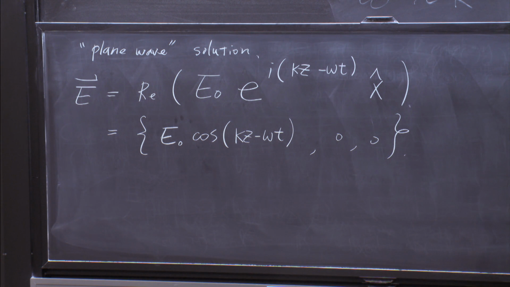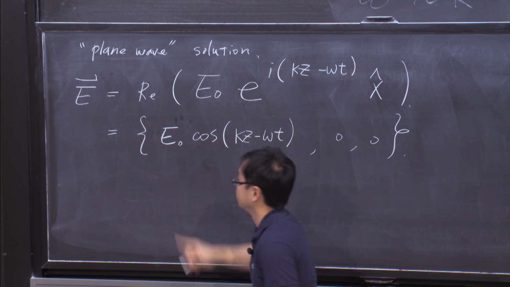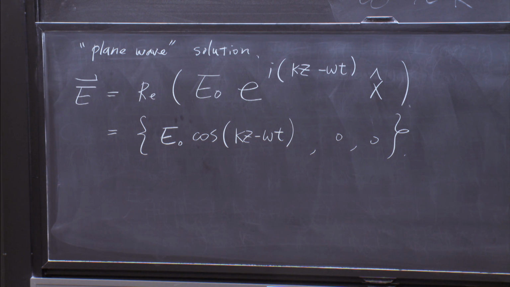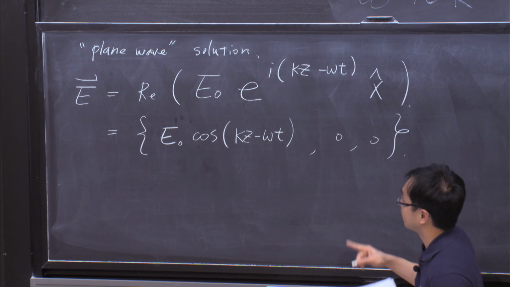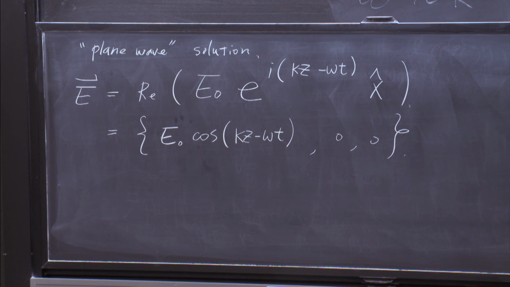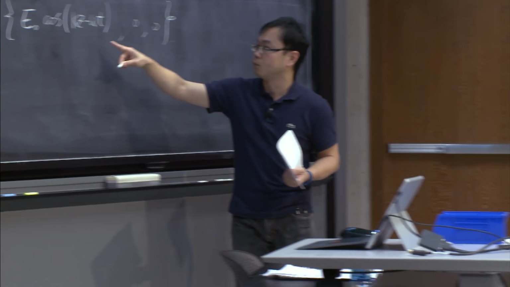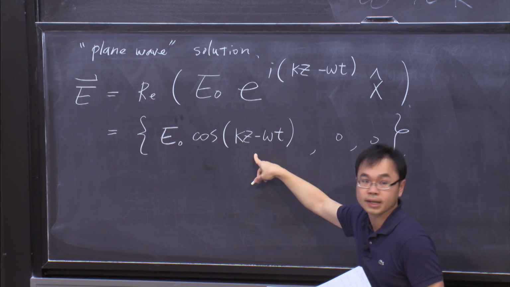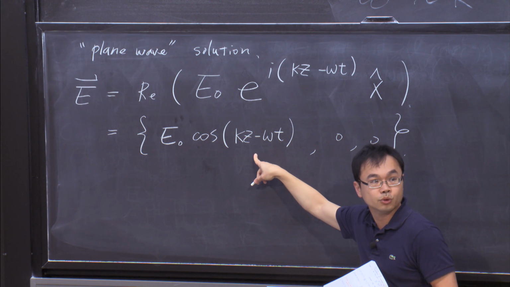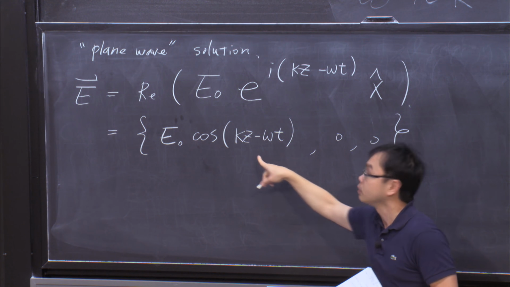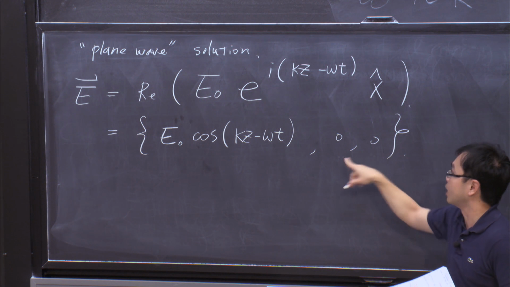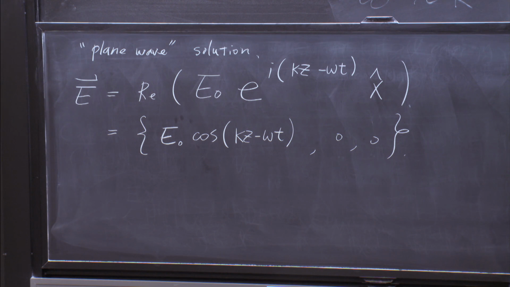So what does this mean? What is a plane wave? The plane wave is filling the whole space. What I mean by plane wave is I fill the whole space with electric field. This electric field only has one direction with non-zero value, which is the x direction in this example, and in the other directions the magnitude is equal to 0.